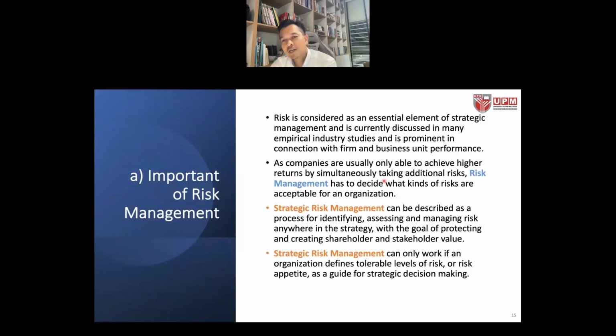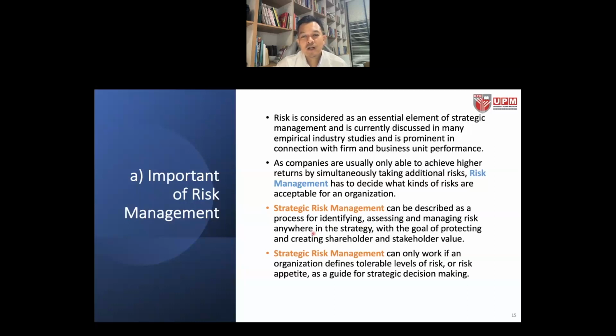Okay, you cannot just gamble. Risk is not about gambling. You have to make analysis, you have to calculate the cost benefits, and then you have to make a strategic decision. So risk management has to decide what kinds of risks are acceptable for an organization. In terms of strategic risk management, it can be described as a process of identifying, assessing, and managing risk.